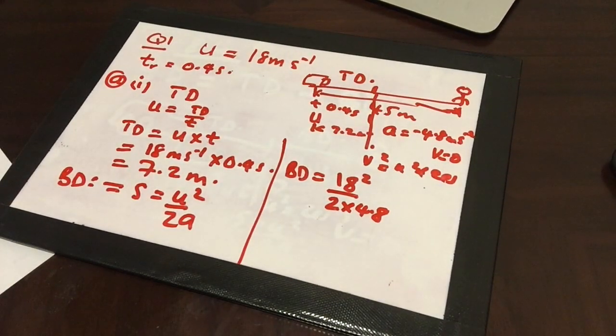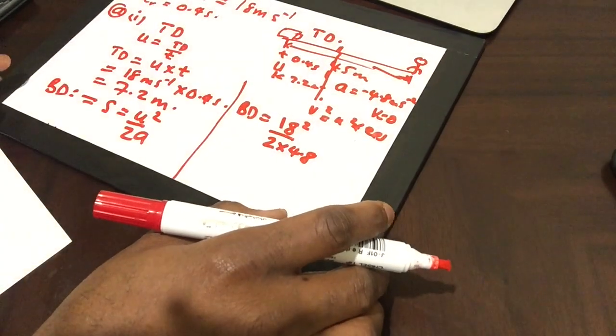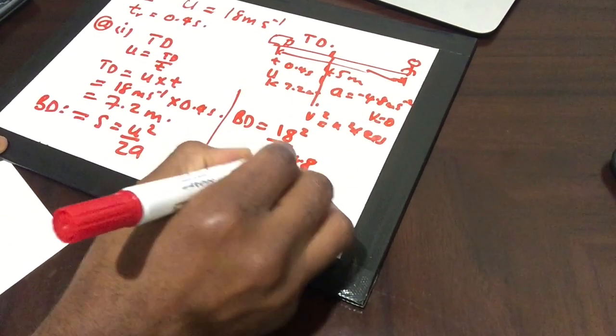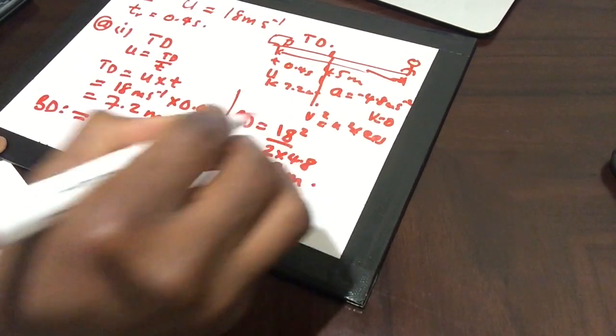So we're going to have approximately, what is it? Let's use our calculator. 18 squared divided by 2 divided by 4.8 would then give us 33.75 meters.